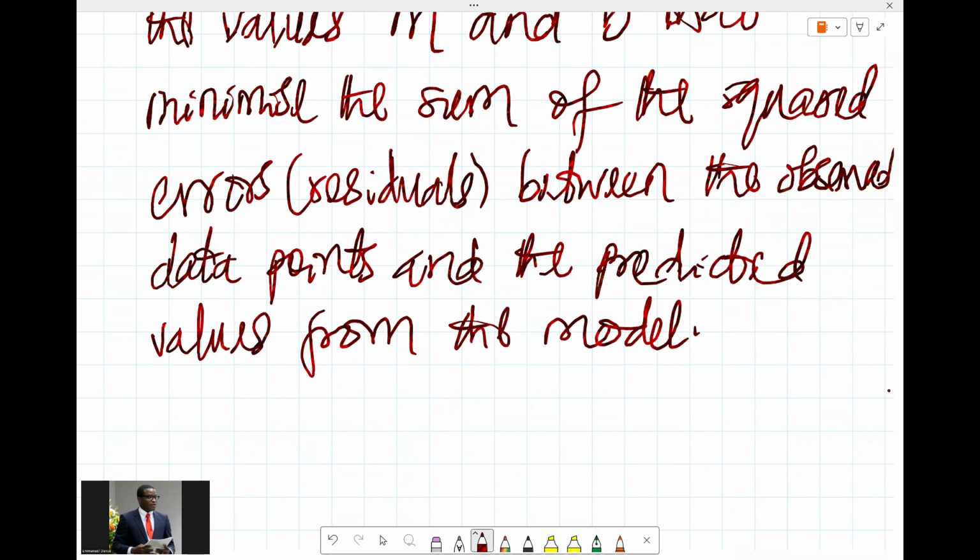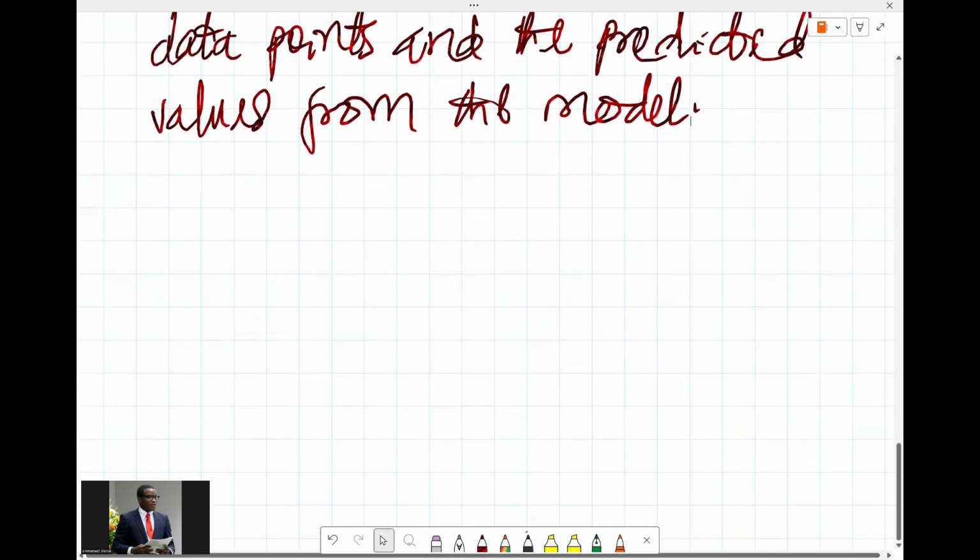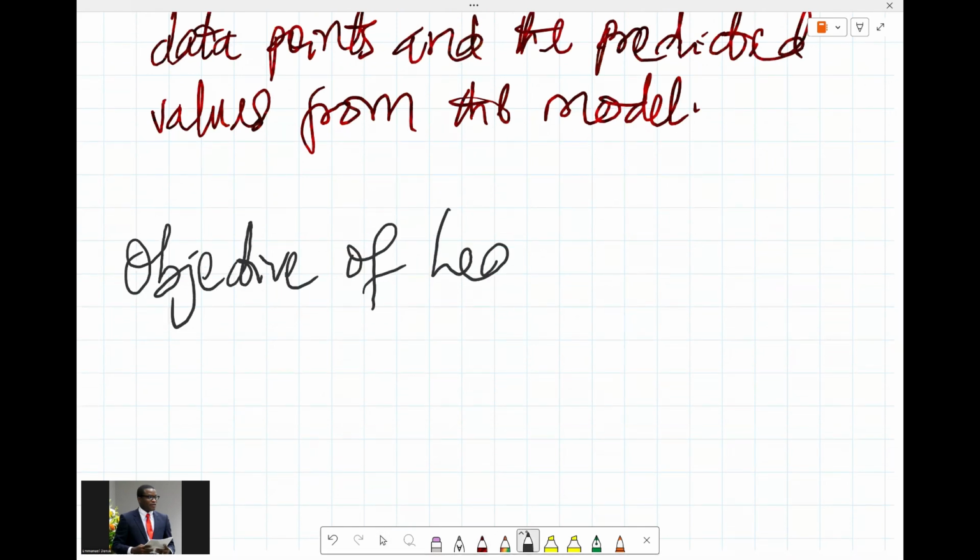Now let's see something crucial, which is the objective. What is the objective of least squares?